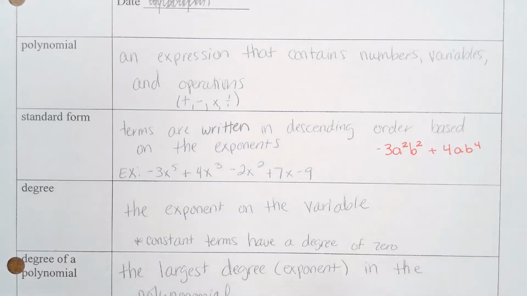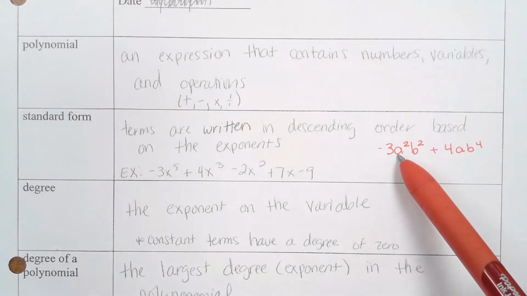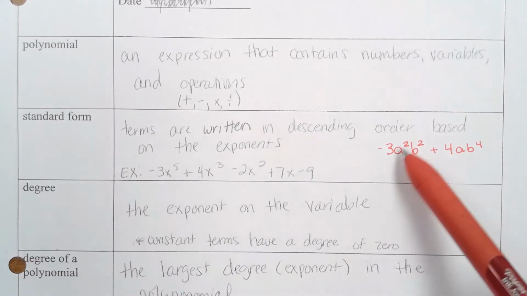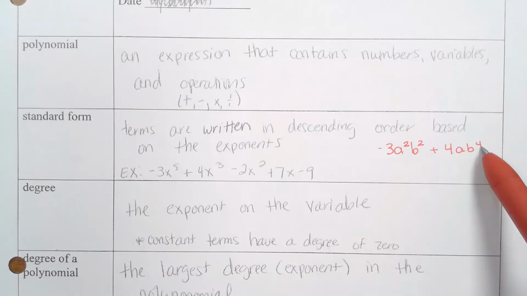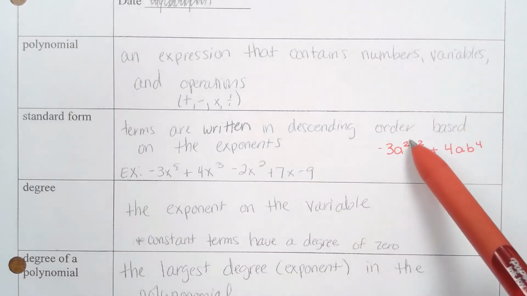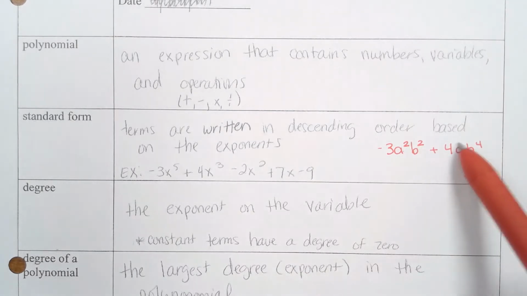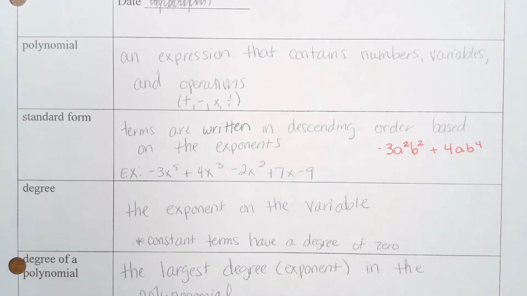Since a comes before b, you always want to make sure that your a is before the b's in your polynomial, and you're still writing them in descending order.